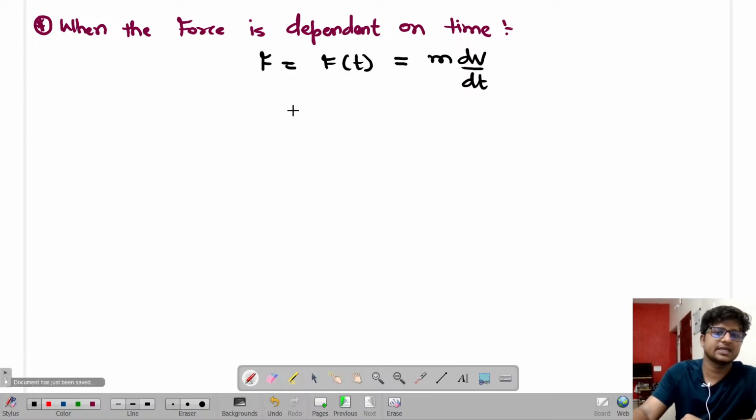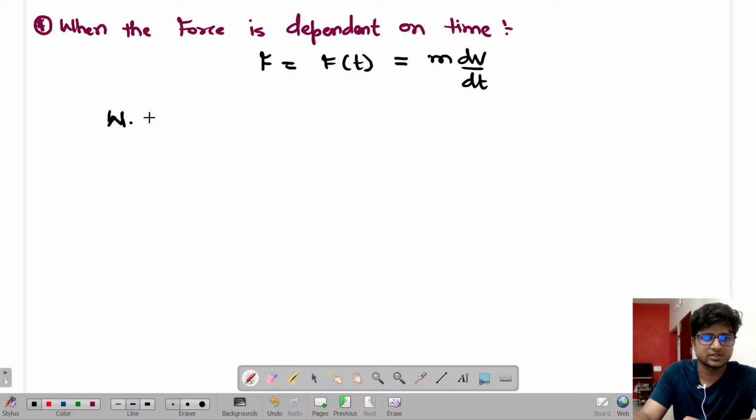And as I can write it as m dv by dt, why did I write it that way? Because I can get the velocity equation. But let us see what impact it has on the work done. If I replace this F as m dv by dt in the work done equation, what will I get? m dv by dt into dx basically.